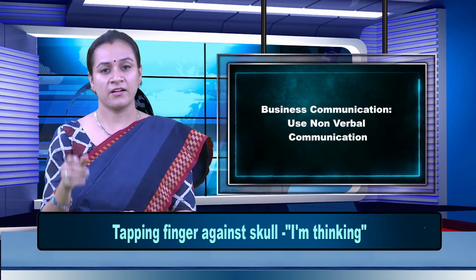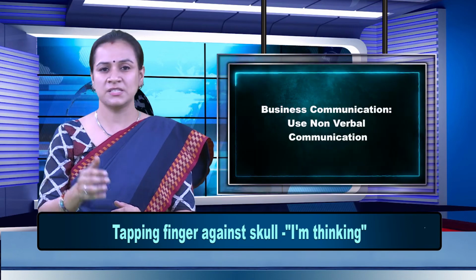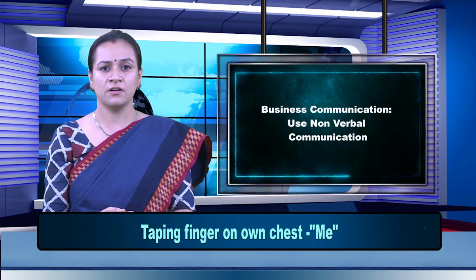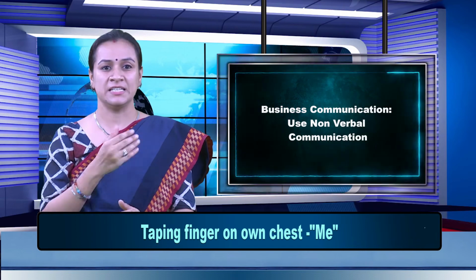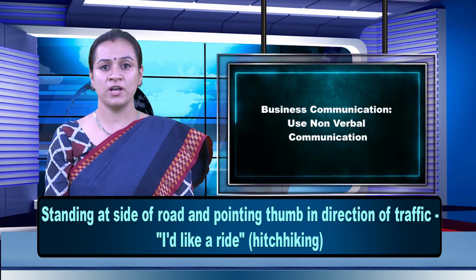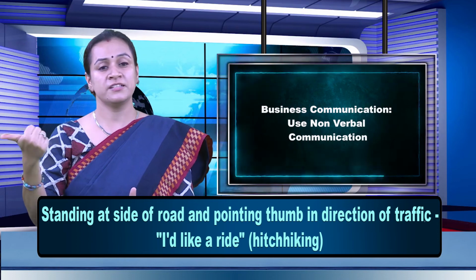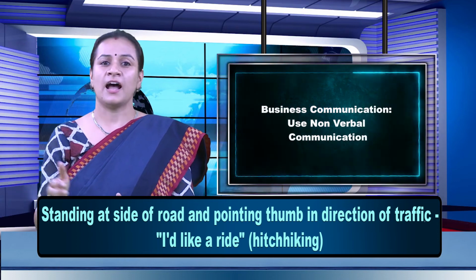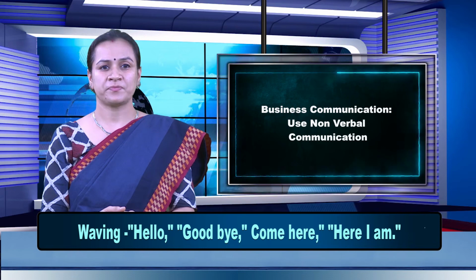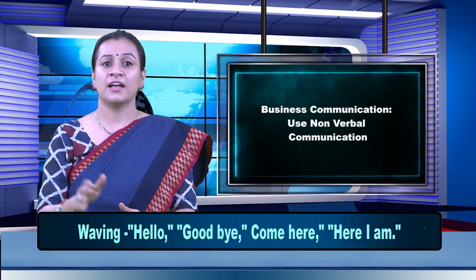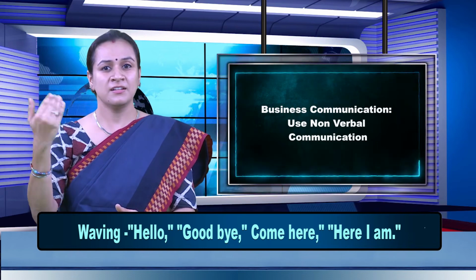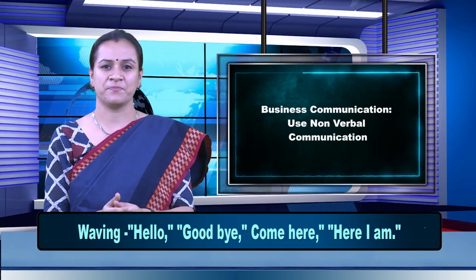Tapping the finger against the skull, that means I am thinking. Tapping the finger on the chest, that is me. Standing at the side of the road and positioning the thumb in the direction of traffic, I'd like a ride. Waving the hand, hello, goodbye, come here or here I am.